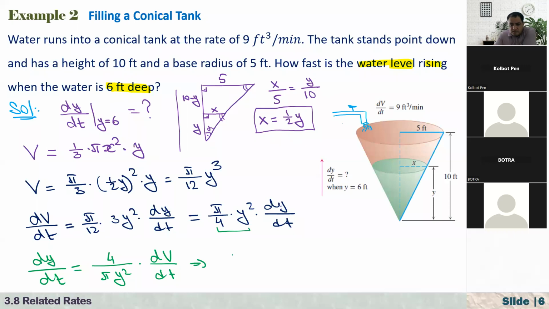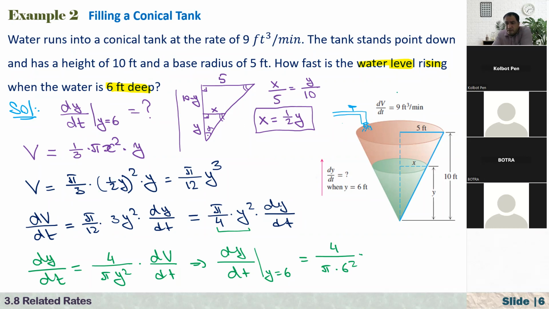Now we can evaluate this. What we have to find here is the rate of change of y with respect to t when y is equal to 6. That's equal to 4 over pi times, what is our y? It is 6 squared times, and how about dV/dt?